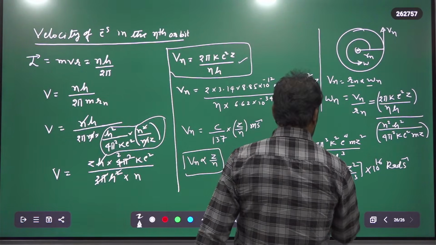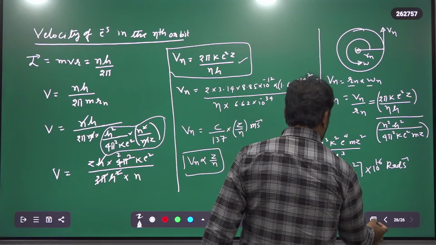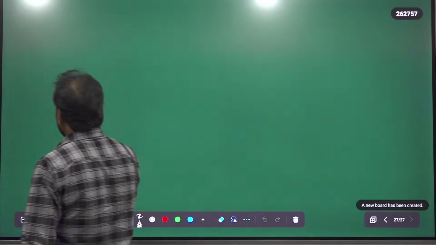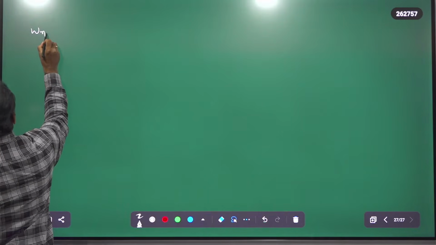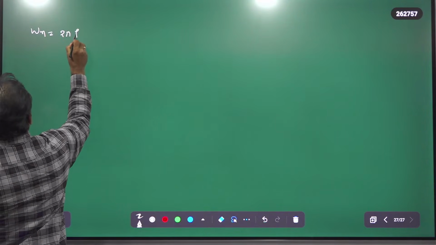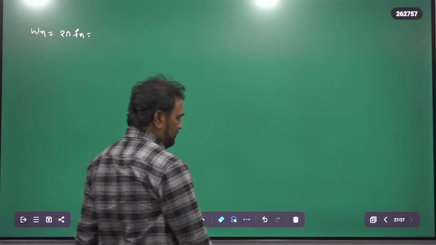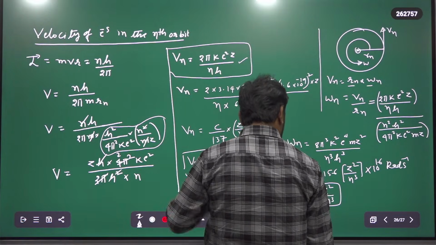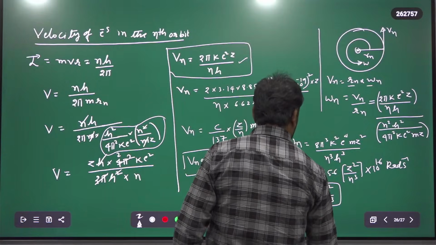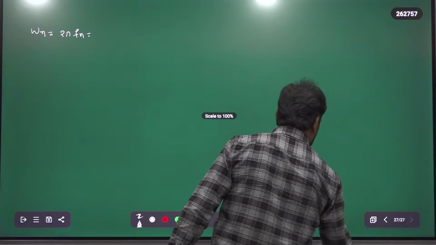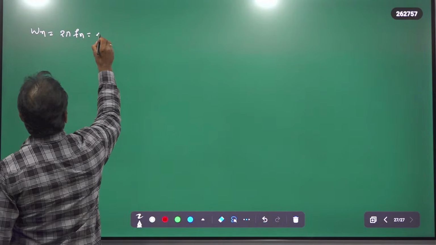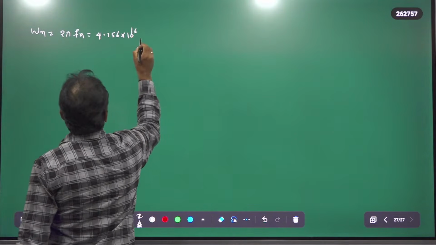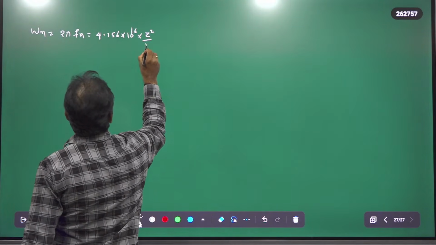Now time period. What is the time period of an electron? The omega n value is already known. Omega n is equal to 2 pi Fn, which is equal to 4.156 into 10 to the power of 16 into z square upon n cube.